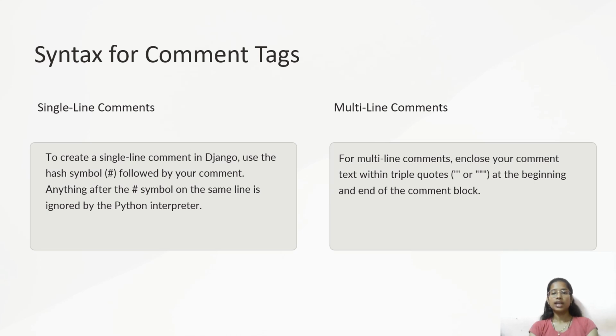And multi-line comments in Python are enclosed within triple quotes, either double or single quotes, and they are used for longer explanations or documentation spanning multiple lines. In single line comments, the interpreter ignores everything that comes after the hash on that line, but in multi-line comments, the interpreter ignores everything within the triple quotes.